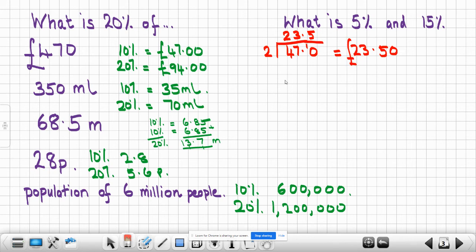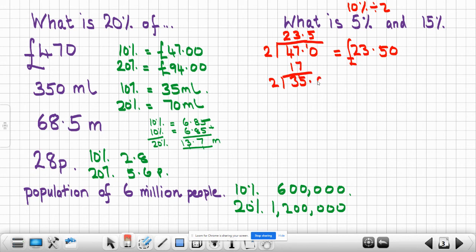350 mil, well, 10% was 35. So if we want to find 5%, we are going to take 10% and divide it by 2. Does that make sense? Because we've got 10%, half of that will be 5%. 2 goes into 3 once, and we've got a remainder of 1. Let's pop it next to that 5 to make 15. 2's into 15 goes 7 times, and there's 1 remainder.